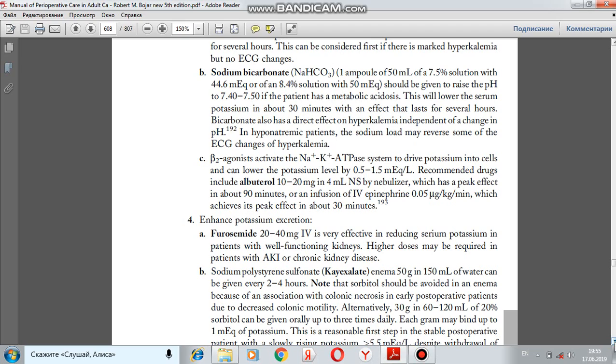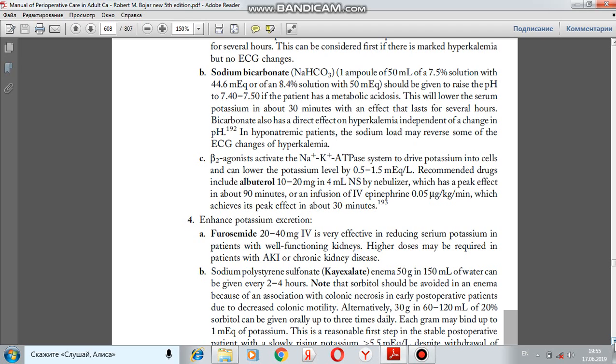Third C. Beta-2 agonists activate the sodium potassium ATPase system to drive potassium into cells and can lower the potassium level by 0.5 to 1.5 milliequivalents per liter.